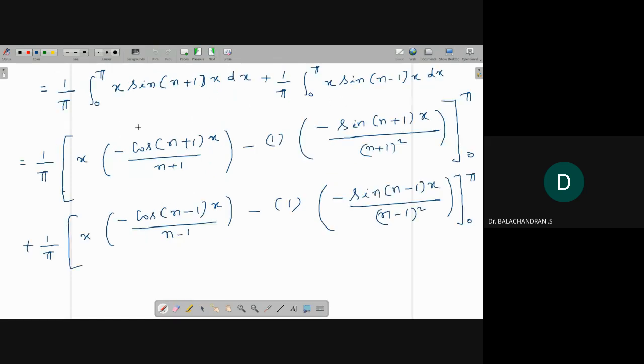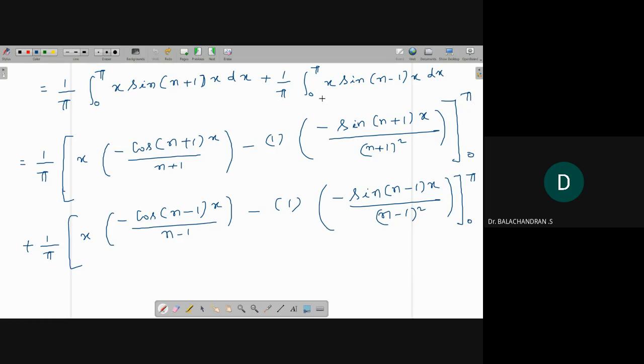Now, as usual, we need to integrate. So 1 by pi, keep x. If you integrate sine (n plus 1) x, we have minus cos (n plus 1) x divided by n plus 1, minus, differentiate x, we get 1, integrate this function, we get minus sine (n plus 1) x by (n plus 1) whole square, limit from 0 to pi.